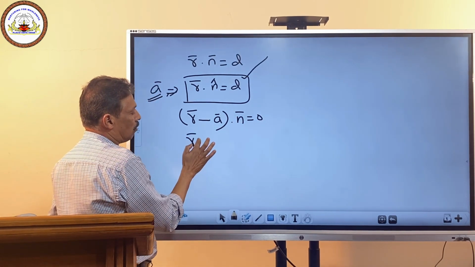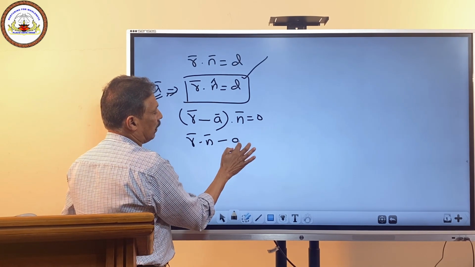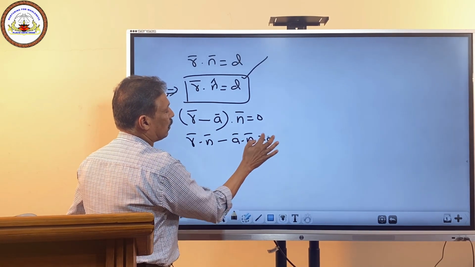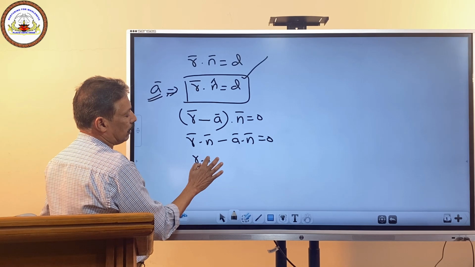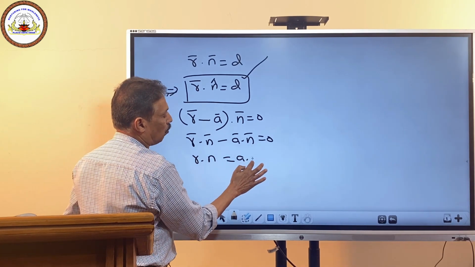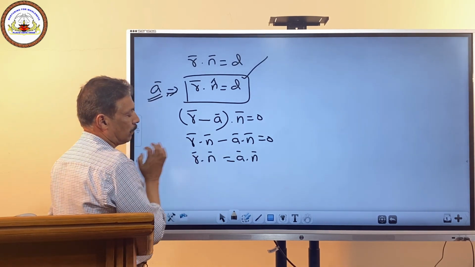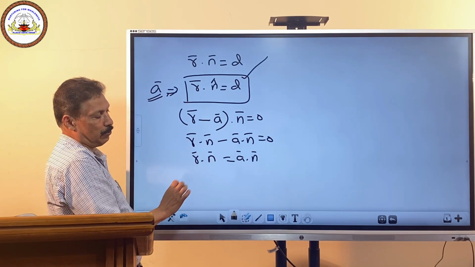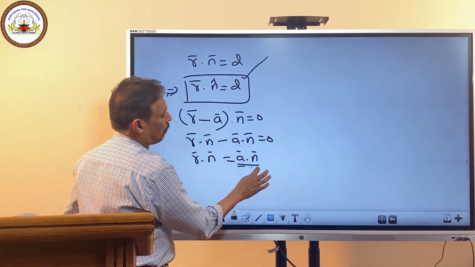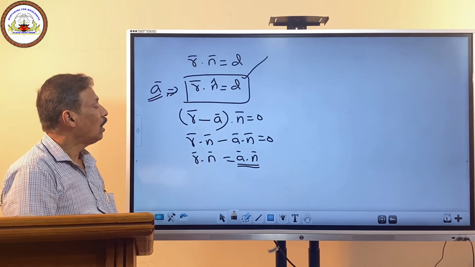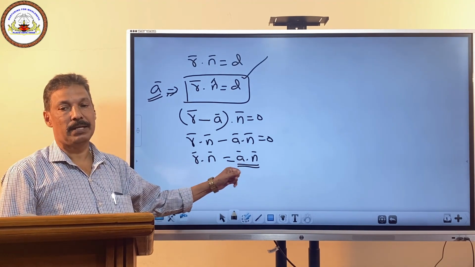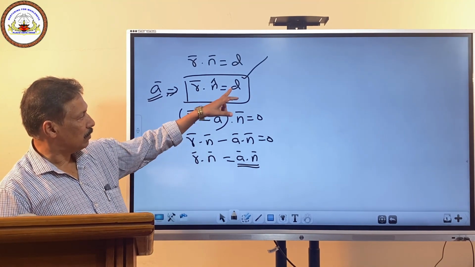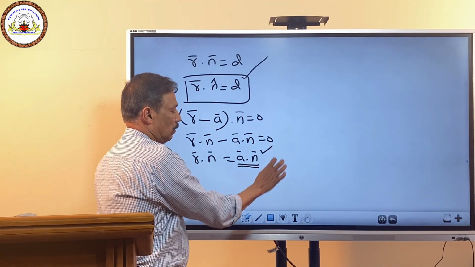That is, R dot N minus A dot N equal to 0. That is, R dot N equal to A dot N. If N bar is the unit vector, this is the perpendicular distance from the origin to the second plane. And we take the difference between these two.